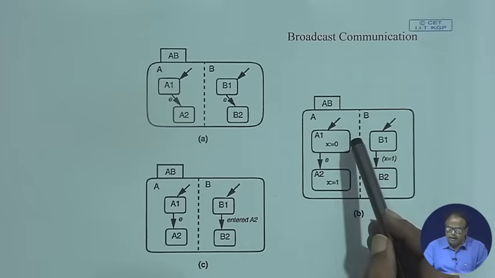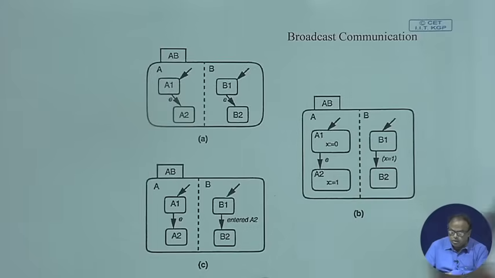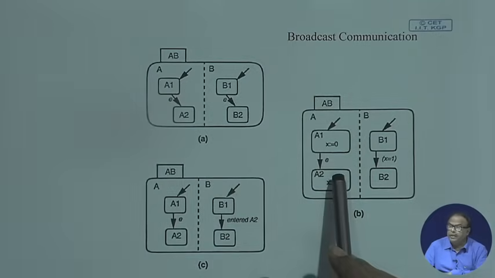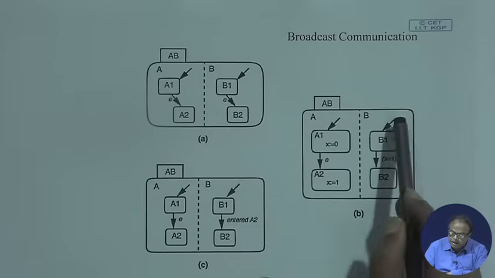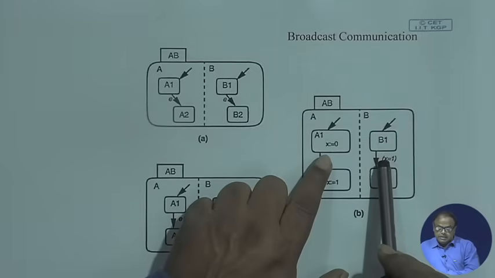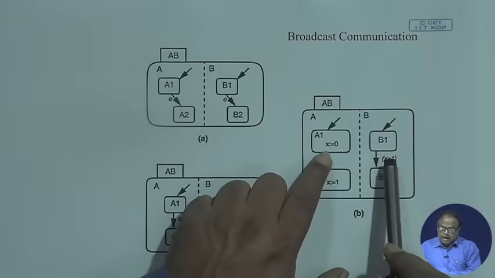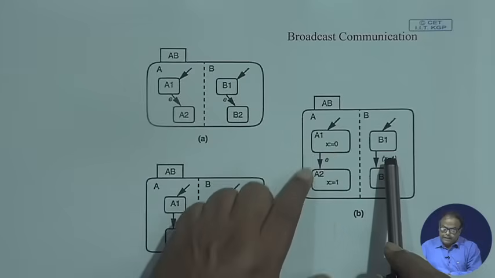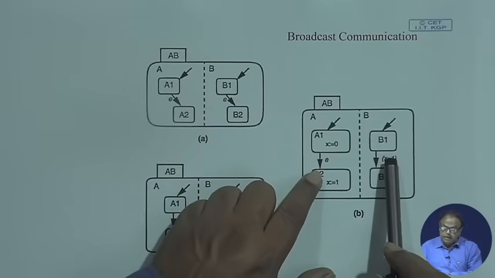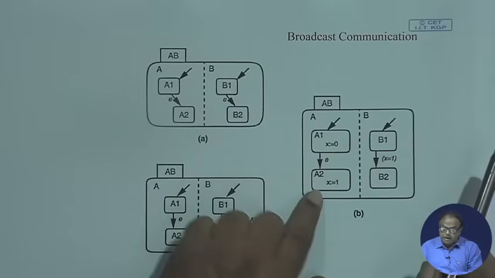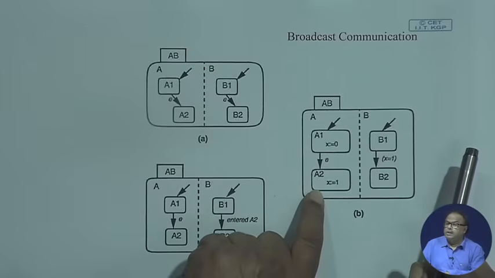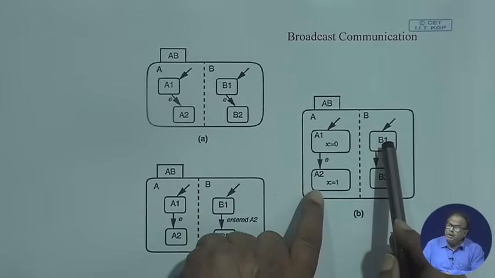Clear? Here is a third example. Here it is no longer an event, but data. My status is A1 B1 and X is 0. On an event E, I come here, so the next status is A2 B1.